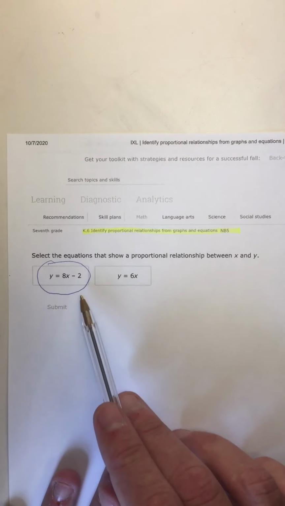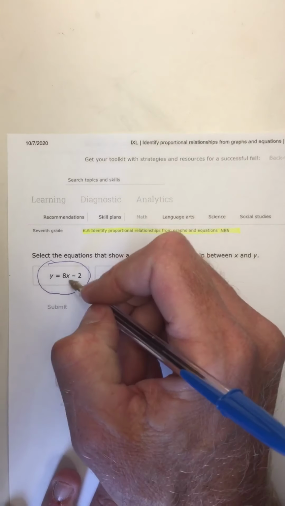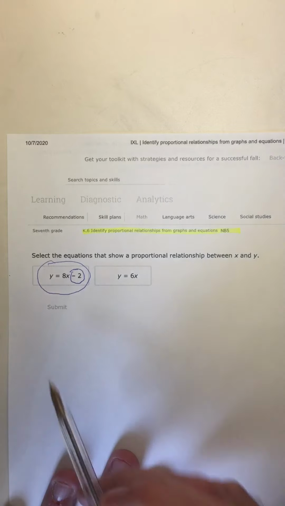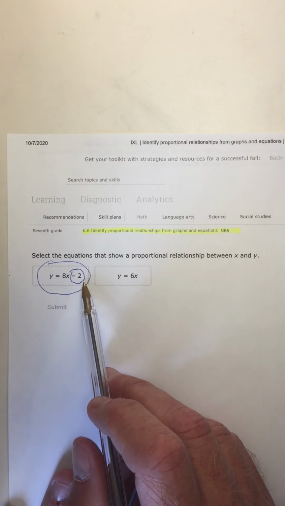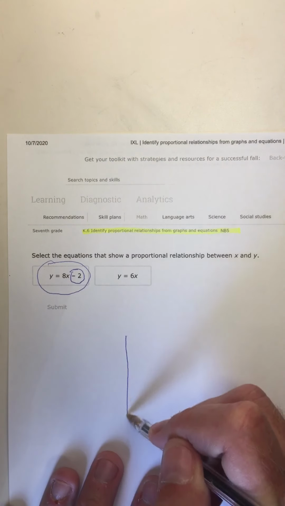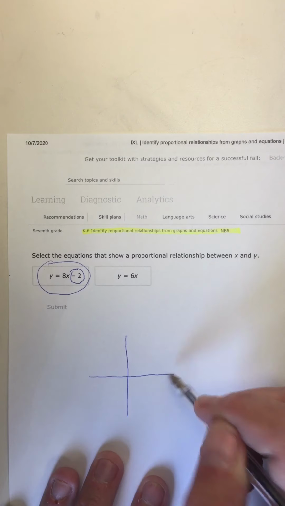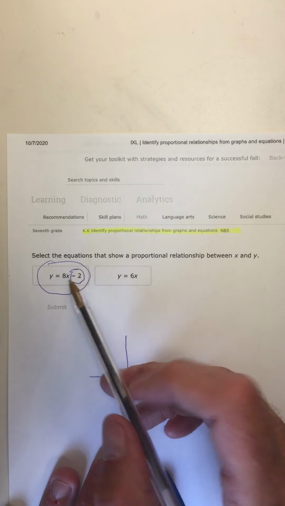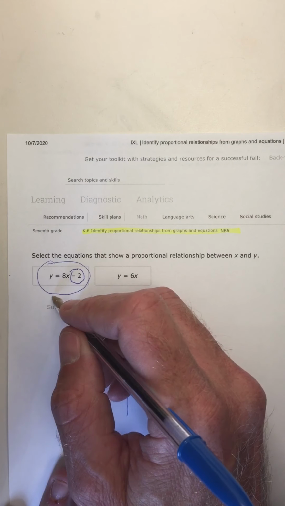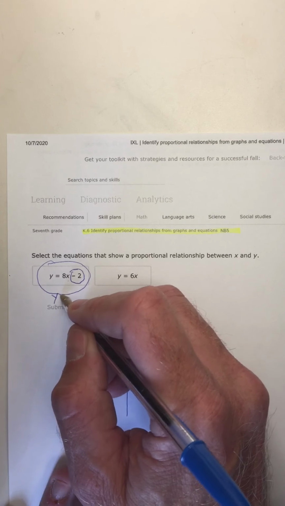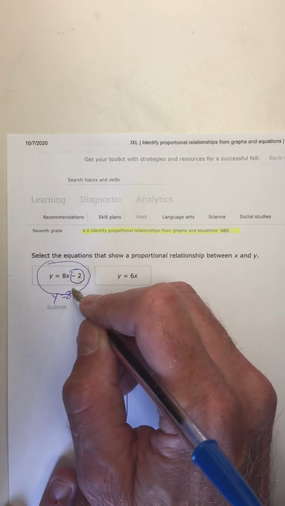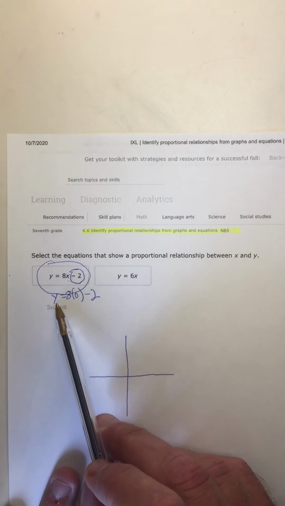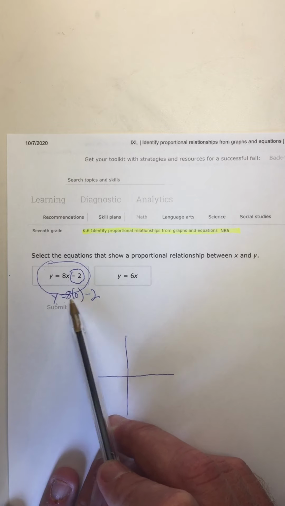This is different. Now, you see this little bit here, that little extra piece of information where it says y equals 8x minus 2. What that is really telling us is if that were a straight line, if we said that the x value was 0, and we just replaced it like we did a moment ago, that would be y equals 8 times 0 minus 2. That would be y equals 8 times 0.